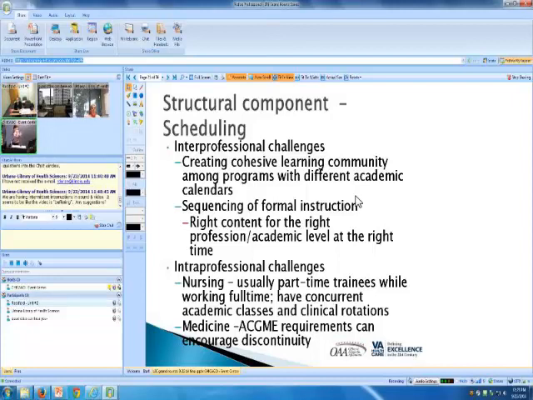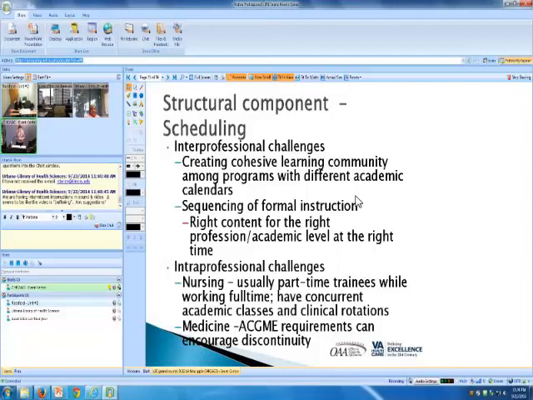So it's really getting that right mix of profession and academic level at the right time. What they did the next year is that they switched their focus to the DNP 3rd year students, who were more at a level of comfort, had their core physiology, pharmacology, pathophysiology, and physical assessment courses. So that was better for them.